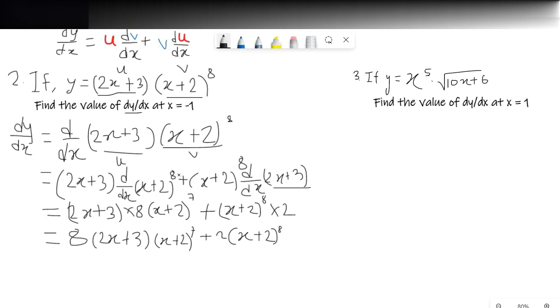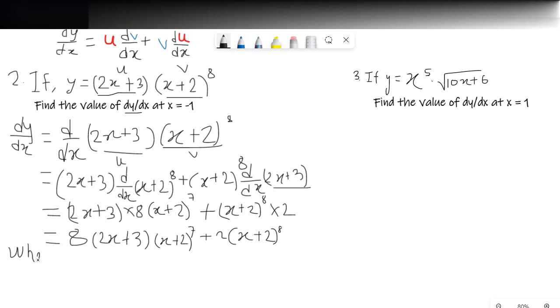Now we are not finished with the math. The only thing we have remaining is to find out the value of dy by dx at x equals minus 1. So we simply need to substitute x equals minus 1 here.